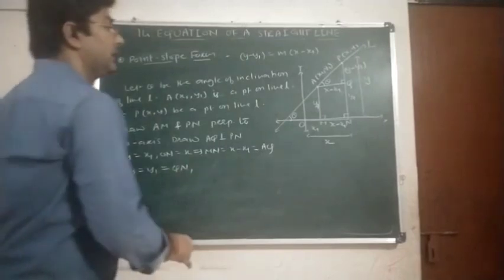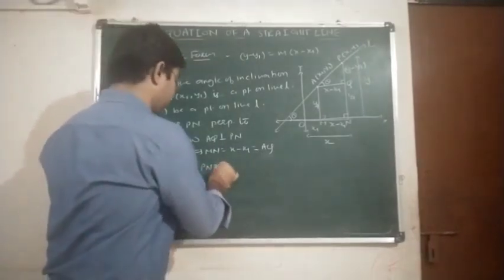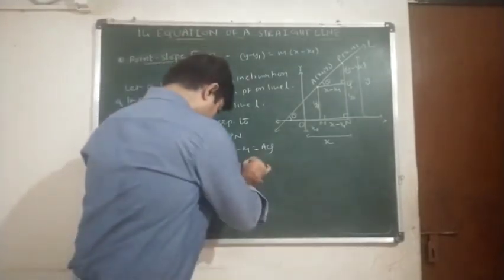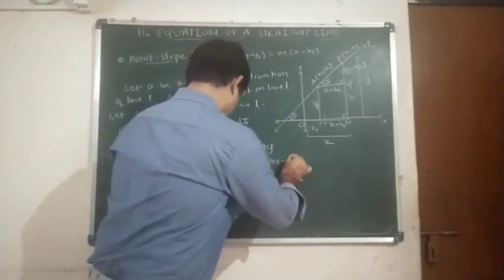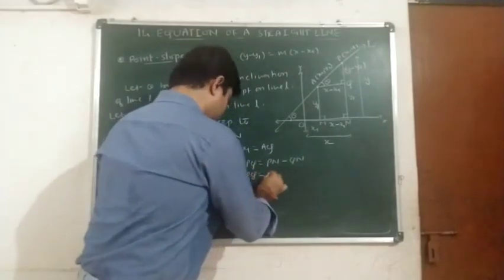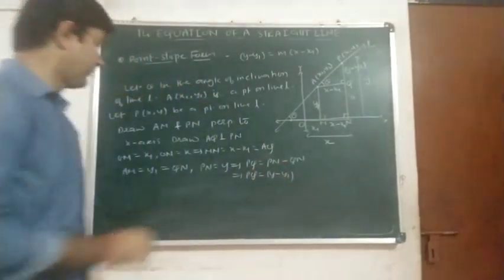Yes or no? And PN is equal to y, and therefore PQ is equal to PN minus QN, and therefore PQ is equal to y minus y1.